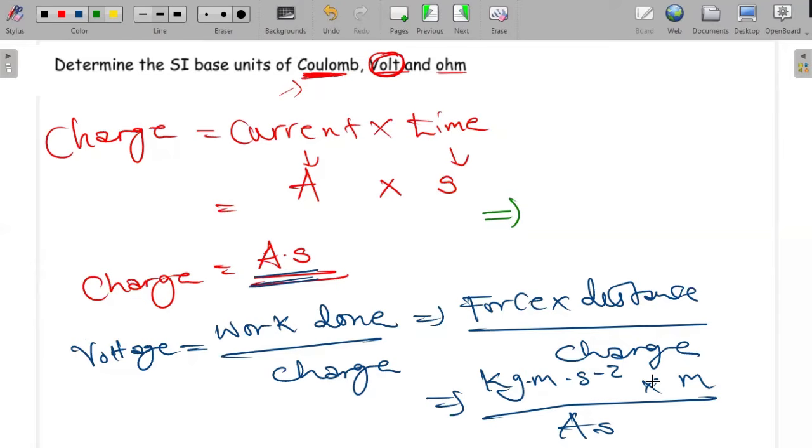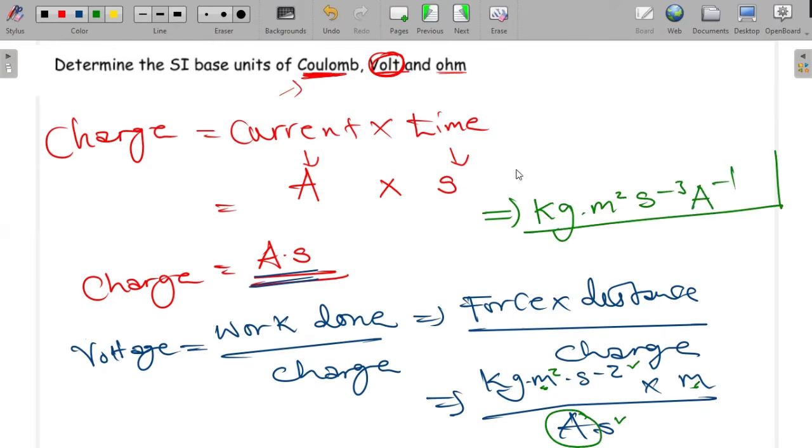Of course, the second here as a denominator and the second there as a denominator, so the second is going to have a power -3, if we bring all the things to the top. We're going to have meter multiplied by the meter that is here, which means we're going to have square meter. So our final SI base units will be kg meter squared second to the power -3, as our friend has already said. Then we're also going to express amp as a numerator, which is going to make it carry a power -1. So this will be our final equation.